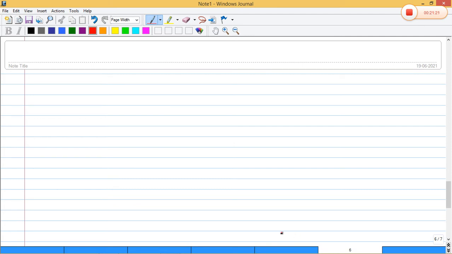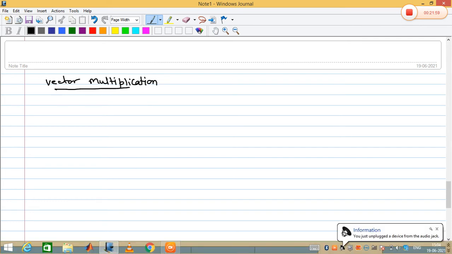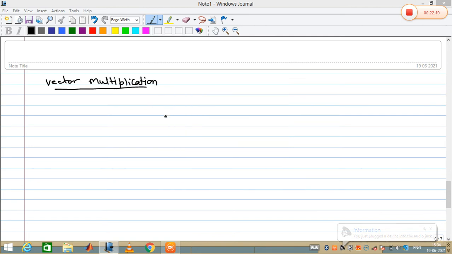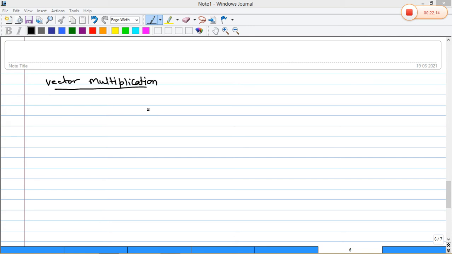Now we have to know about multiplication. Vector multiplication: we have to know 4 types of multiplication.